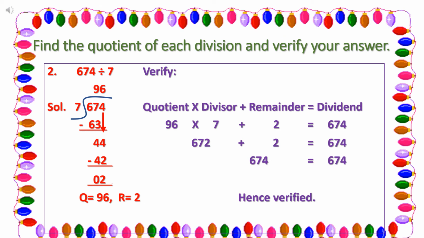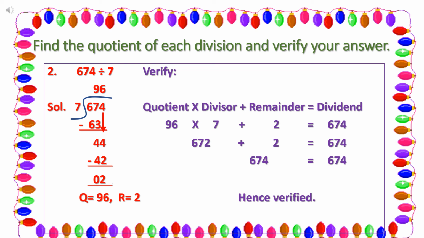So again we will write the formula for verification, that is quotient multiplied by divisor plus remainder, that is equal to dividend. Now quotient is 96, divisor is 7, remainder is 2 and dividend is 674. Let's check that 96 और 7 को मल्टीप्लाई करके जो आंसर आएगा, जो प्रोडक्ट आएगा, उसमें 2 ऐड करने के बाद हमारे पास 674 आता है या नहीं.